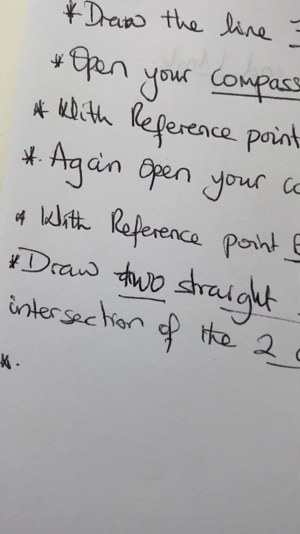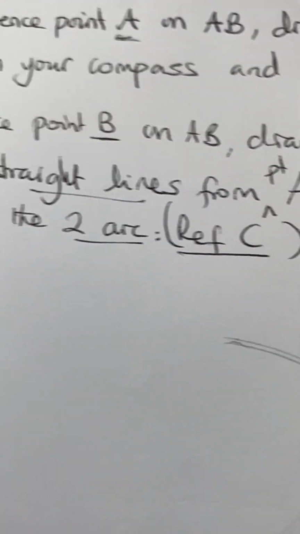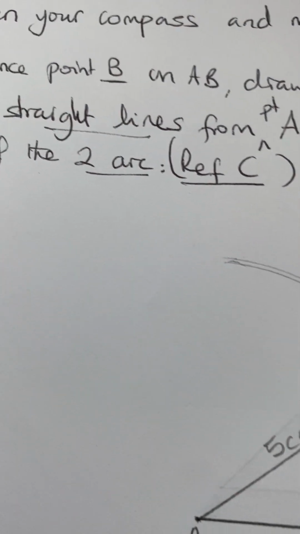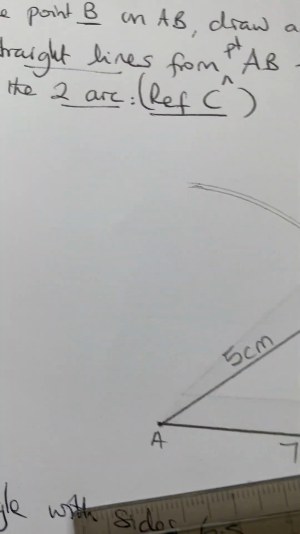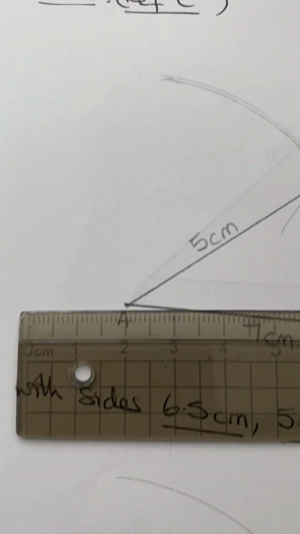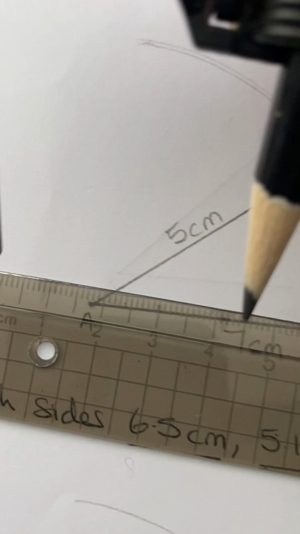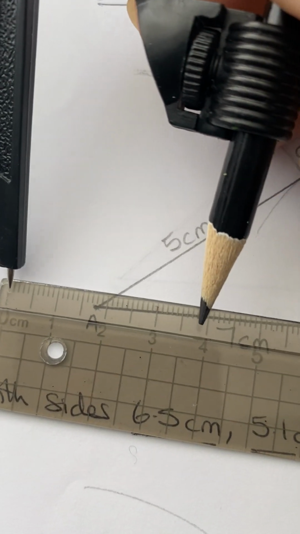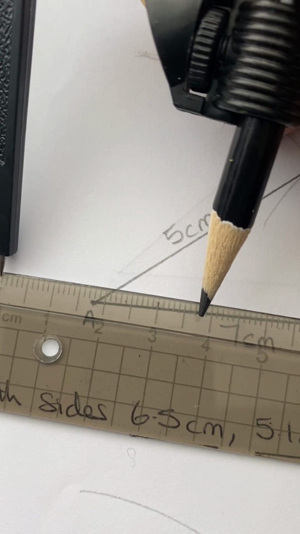Now the second line we are supposed to draw is 5 centimeters. So I'll use my ruler and my compass. Can you watch carefully here? So 5 centimeters, I'll come here and measure 5 centimeters there.